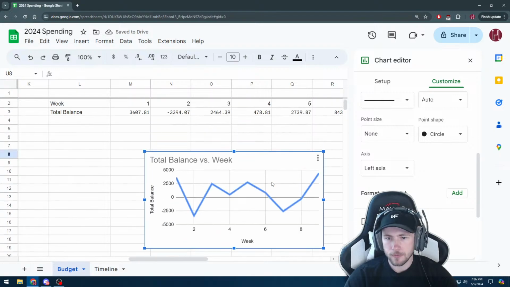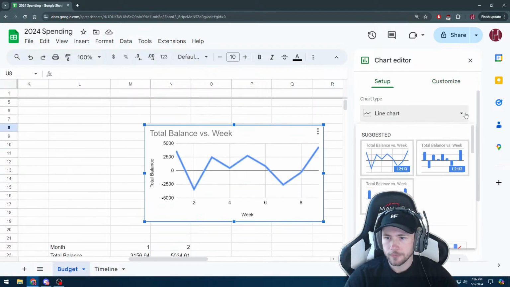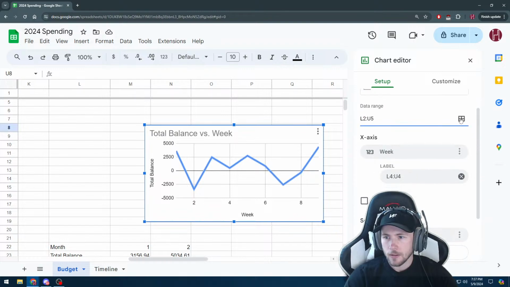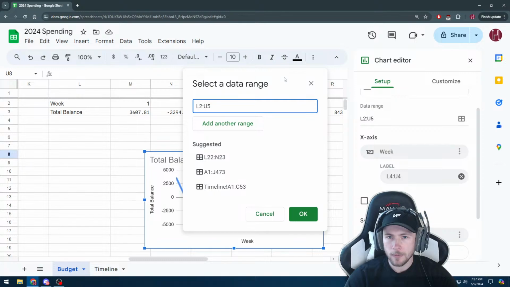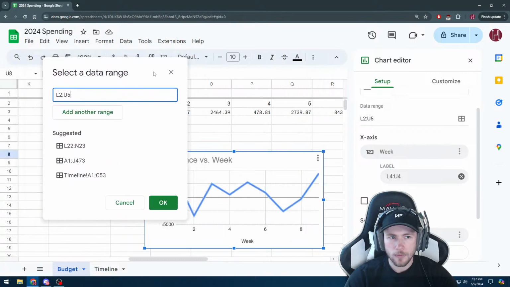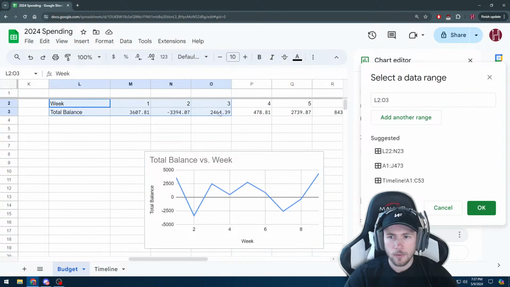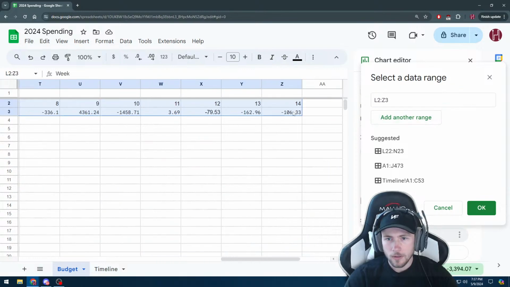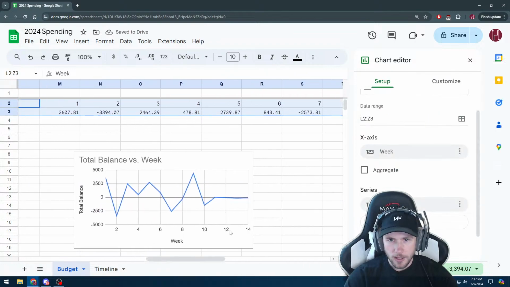Oh, data range. Go grab that. Hit OK. Okay, cool.